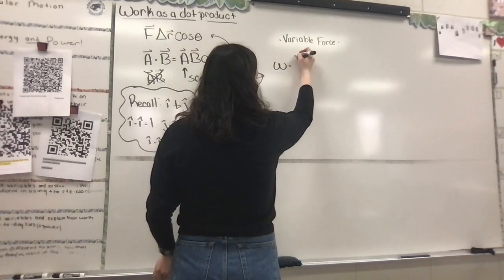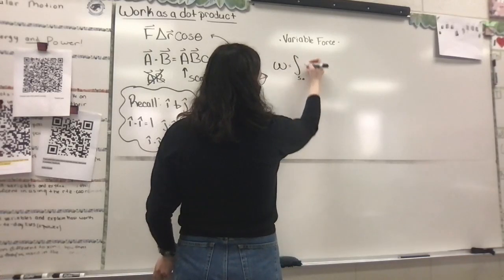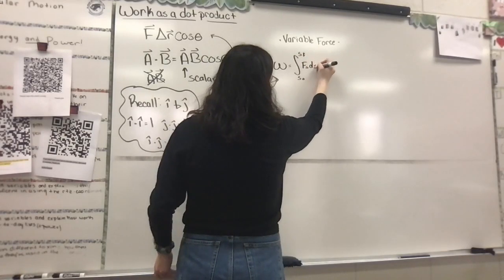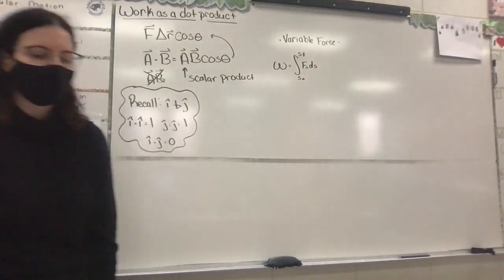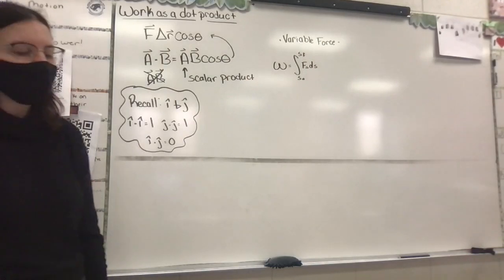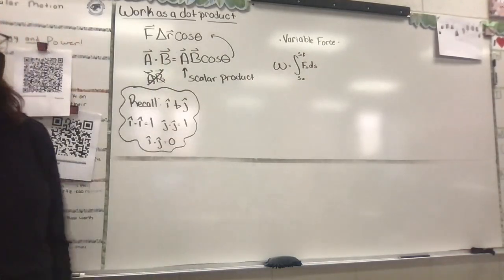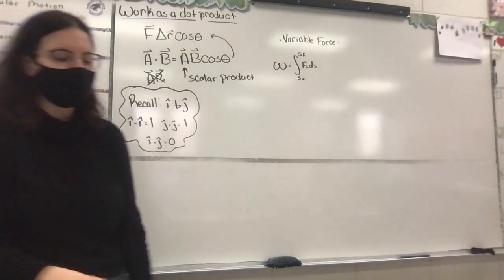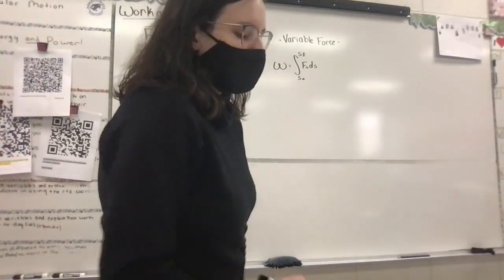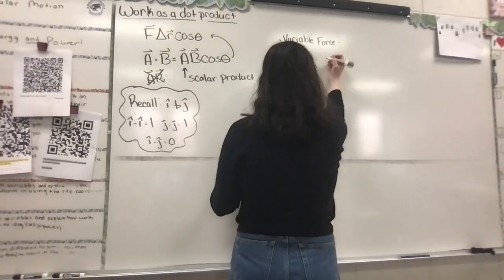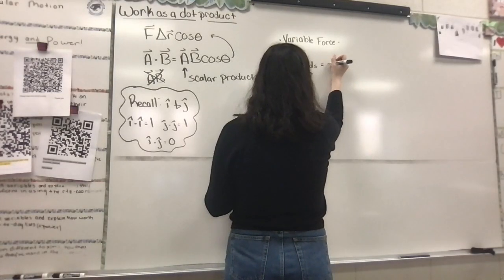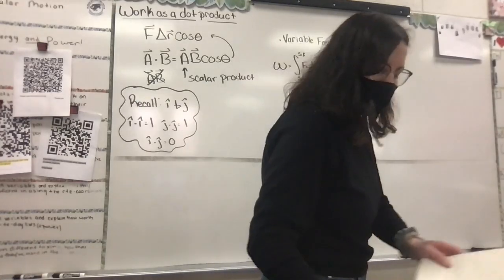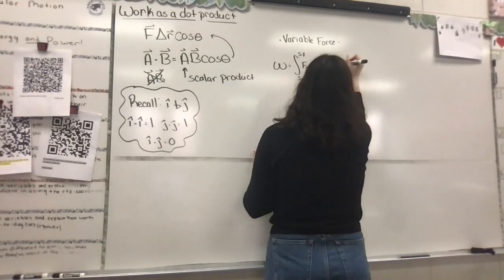With our variable force, work is equal to the integral from the initial position to the final position of Fs dx. However, if the force is variable, can we bring out the force anymore as a constant? No, because it's going to keep changing, okay? And how we find it is the area under a force versus position graph.